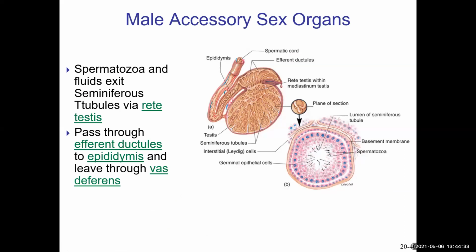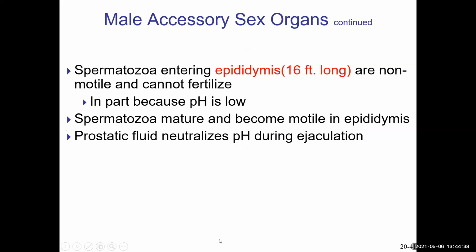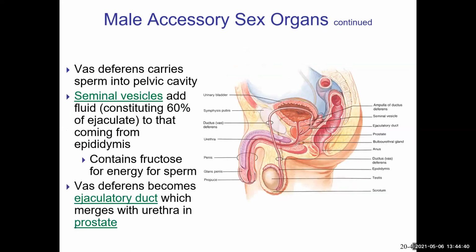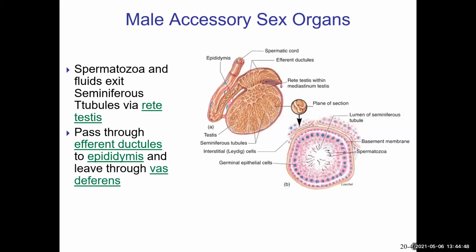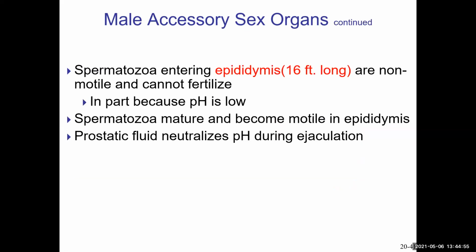Now, male accessory sex organs. Let's go here. Male accessory sex organs. So accessory sex organs are the epididymis. The epididymis is around 16 feet long, and the sperm there are non-motile and cannot fertilize.